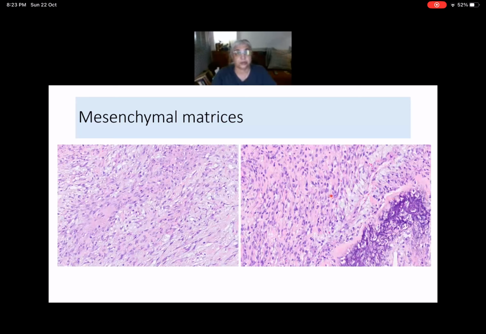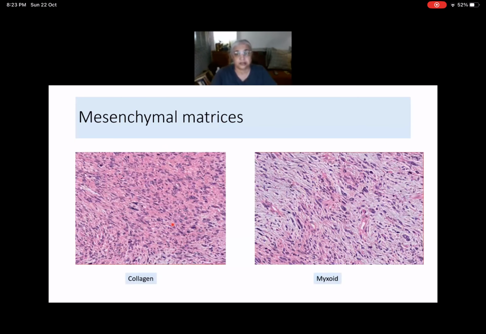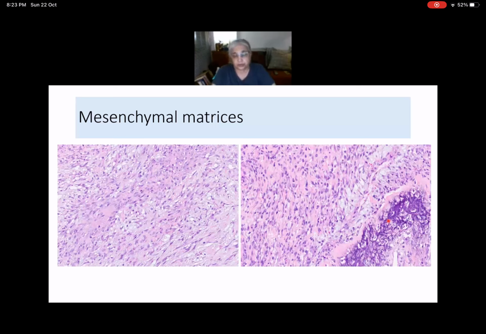No, stroma has a cellular component. A matrix is the acellular component of the stroma. Okay, so do you see an acellular component here of the stroma or not, Sudesh? You certainly saw collagen here.